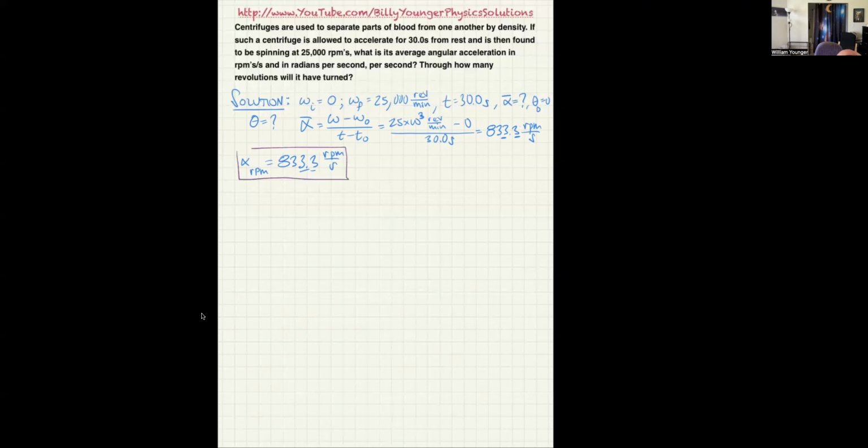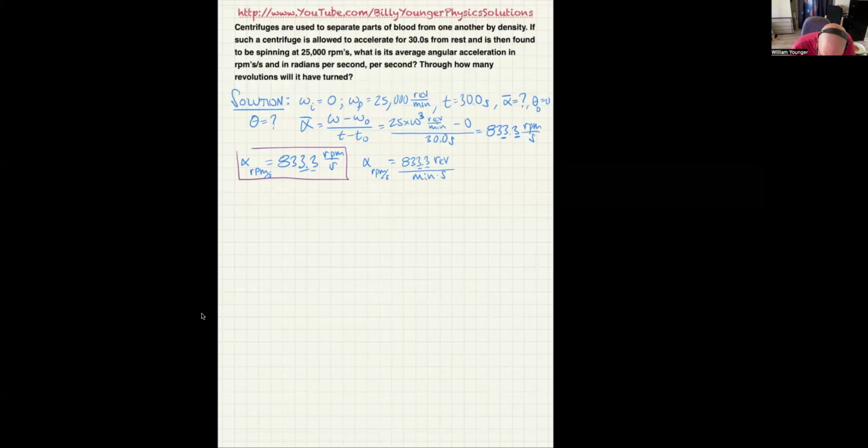But now I'm going to make use of it and say alpha in revolutions per minute per second is equal to 833.3 revolutions per minute, and then divided by a second, which means just having a second in the bottom, like this.